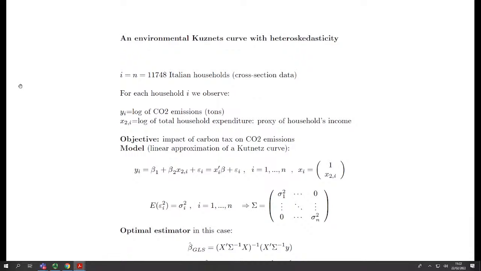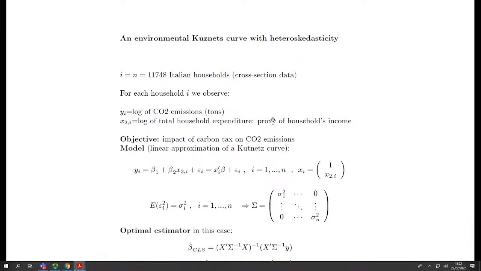So I was saying the log of CO2 emissions in tons. The second variable we observe on the family is total household expenditure, the log of it. It's not a fantastic proxy, but it's a proxy of household income.